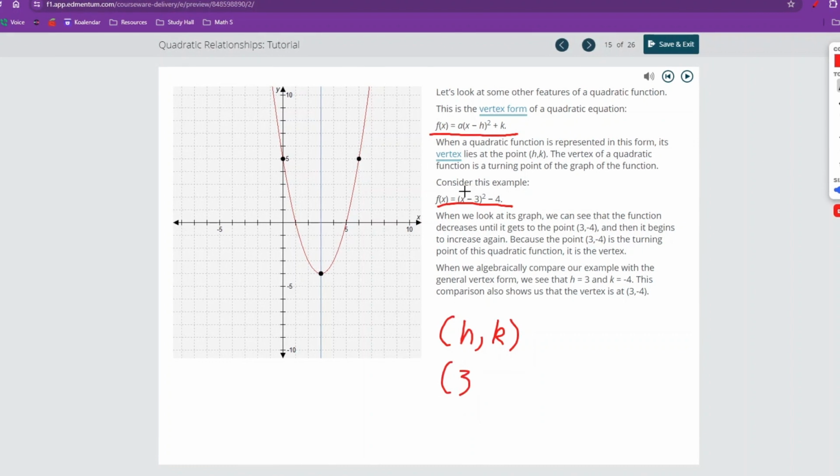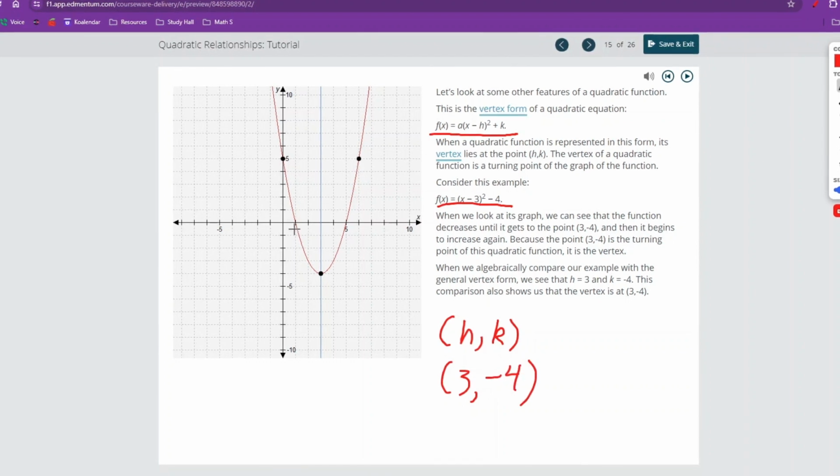Now notice, it's minus 3 here, but in our vertex form, it's minus h. So if you're given a negative here, then you make it positive here. However, our k term, which is going to be outside of our parentheses, you see that it's positive here. So when it has a negative sign in the vertex form that you're given, you keep that sign.